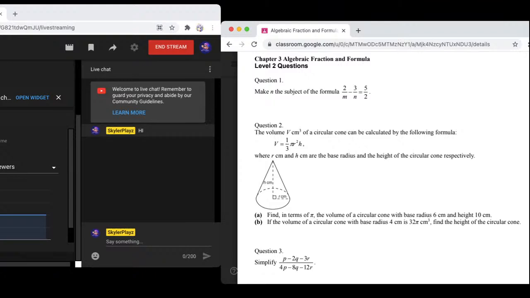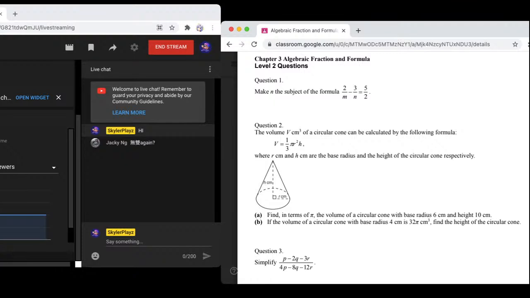And then we have the B part. B part, when V is equal to 32 pi and r is equal to 4. So 32 pi is equal to 1/3 pi 4 squared times h. 32 pi is equal to 16 over 3 pi times h.